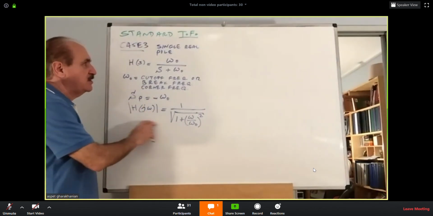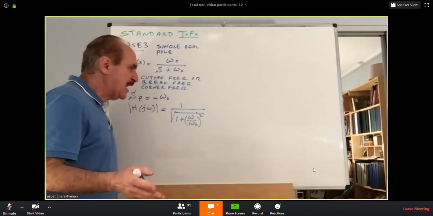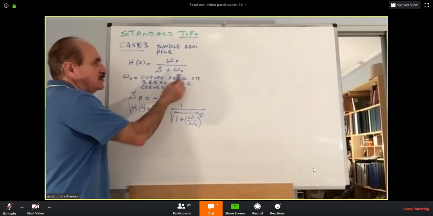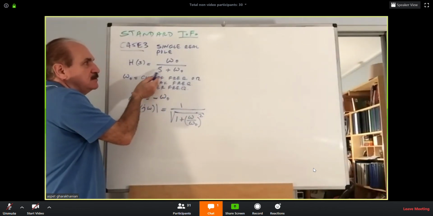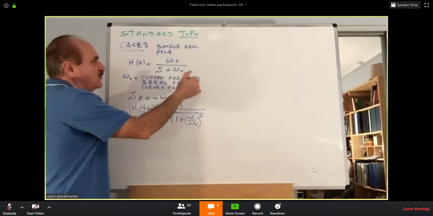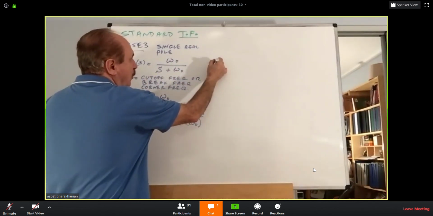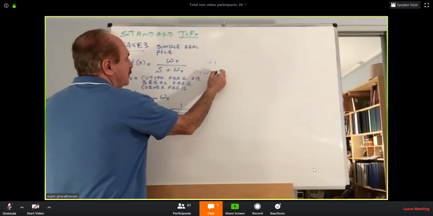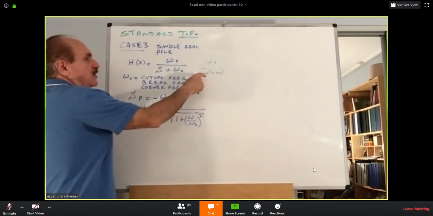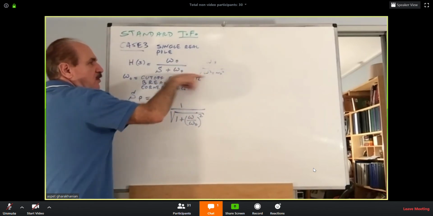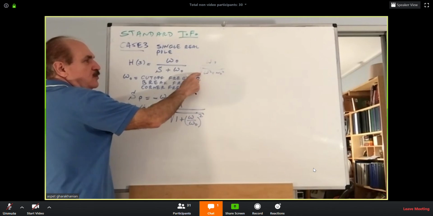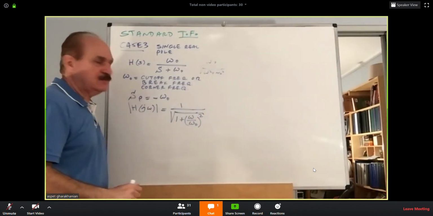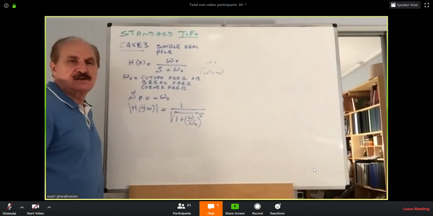This is the magnitude of that function. How did I get that? Well, the top is a number, dividing the denominator. Just put j omega. So the magnitude of the top would be omega O. The magnitude of the bottom would be the square root of omega squared plus omega O squared. Then take omega O out, or factor out omega O, into that form. Then it cancels from top and bottom. You end up with that. This is a pretty normalized function.